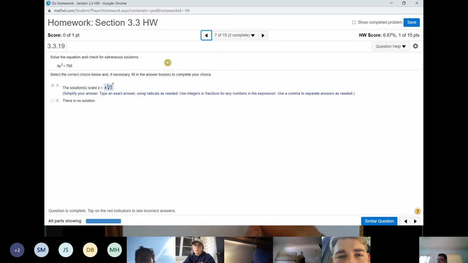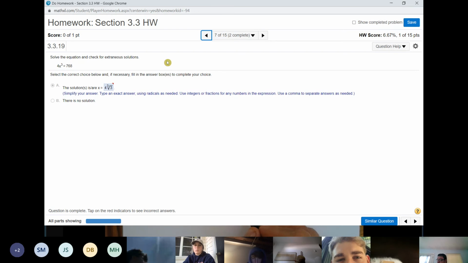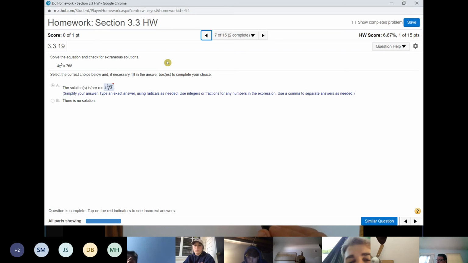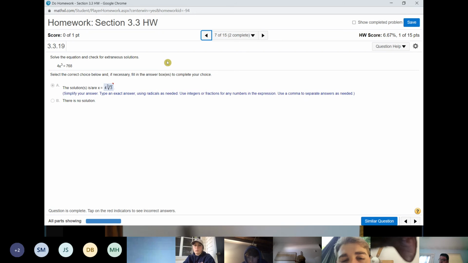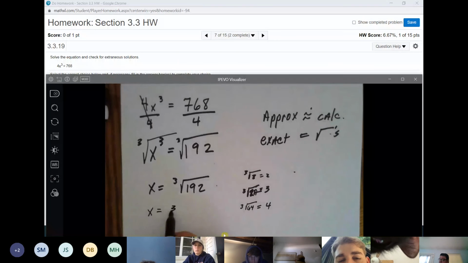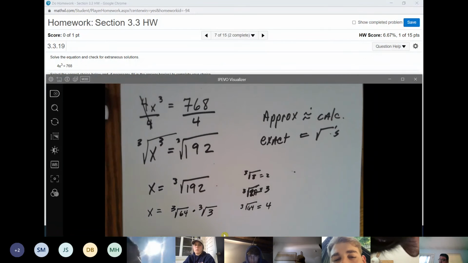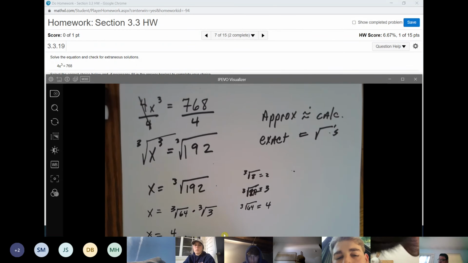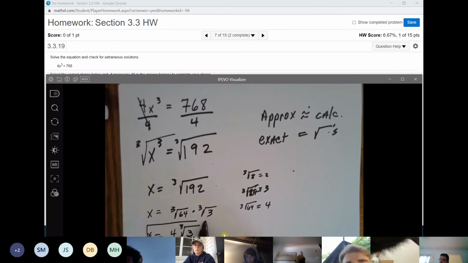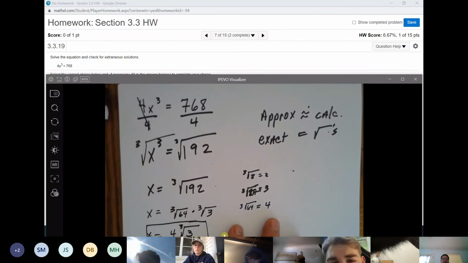I didn't go far enough. Cube root of 64 is 4. And 81 is not 3. 3 times 27, dork. 64 is 4. So that'll break up into the cube root of 64 times the cube root of 3, which is equal to 4 times the cube root of 3. So there you go.